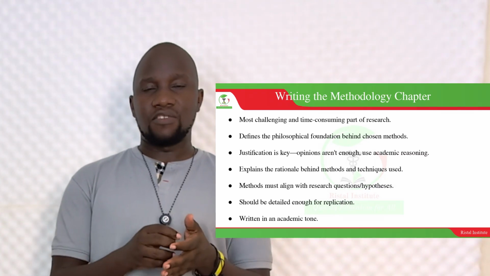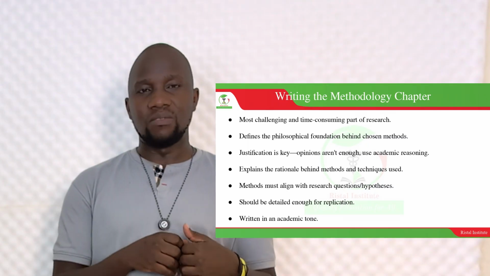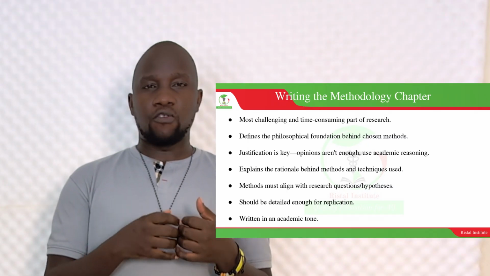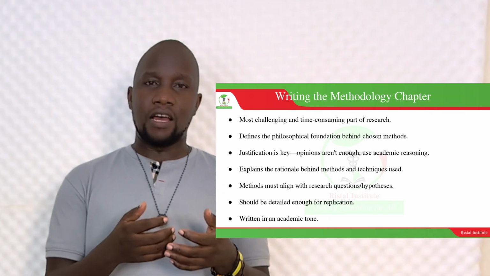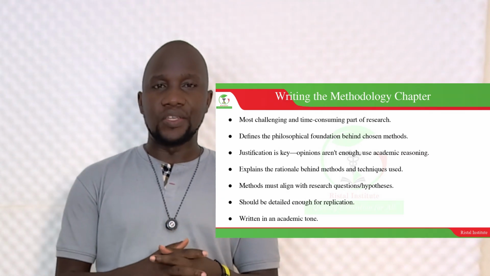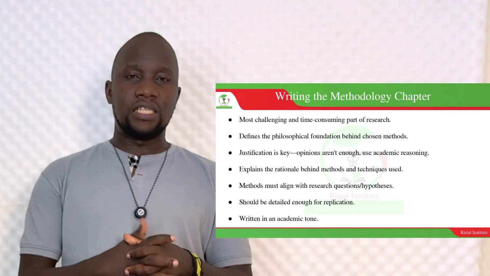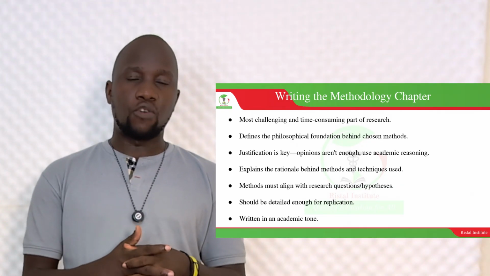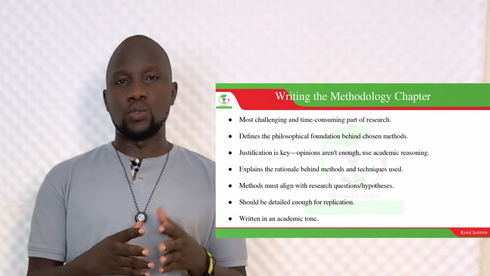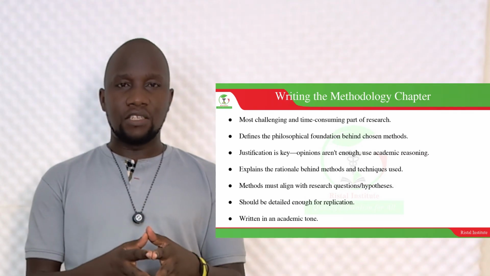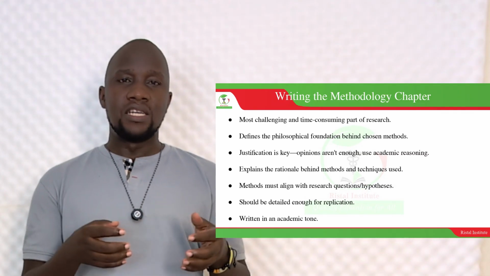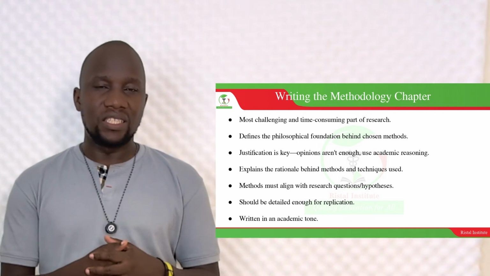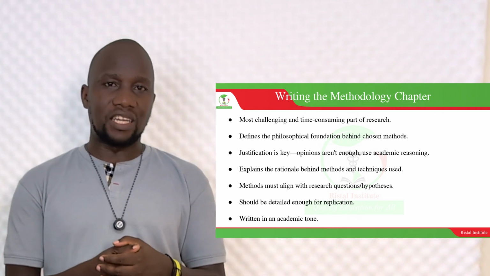And that sound justification can be derived from the philosophical approach that you're actually using to conduct this research. Okay, we looked at the different philosophical approaches in research. So you need to choose: is it interpretative research? Is it positivist research? What is it? What are you basing on to conduct your research?